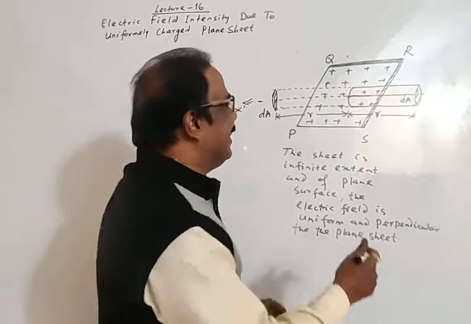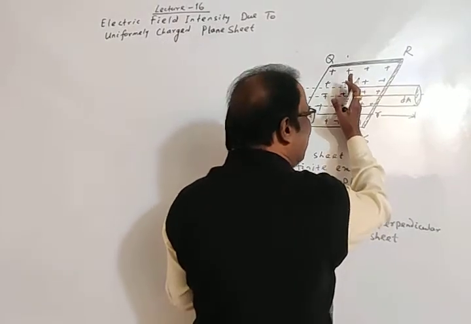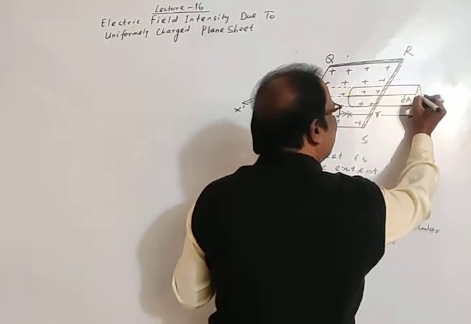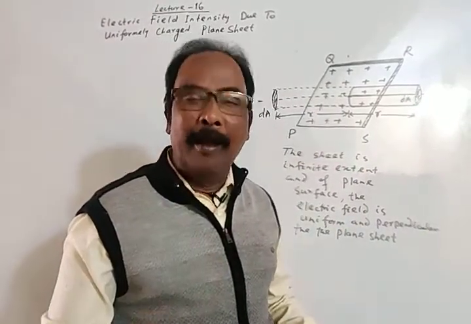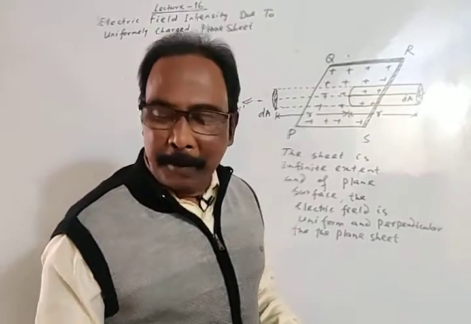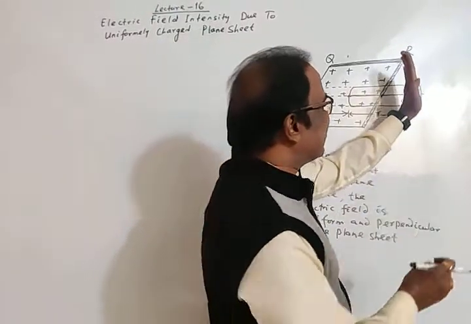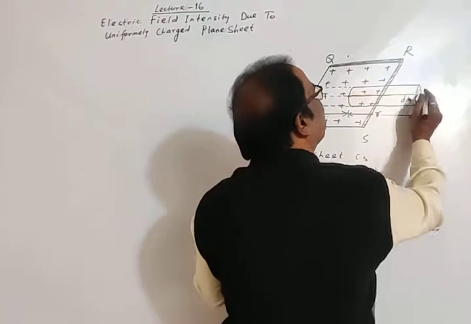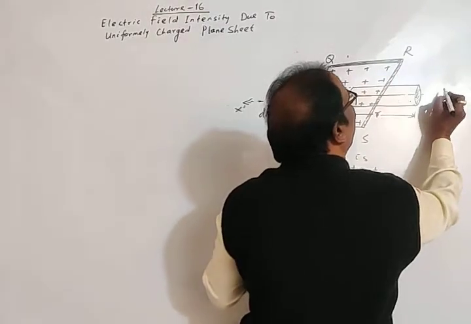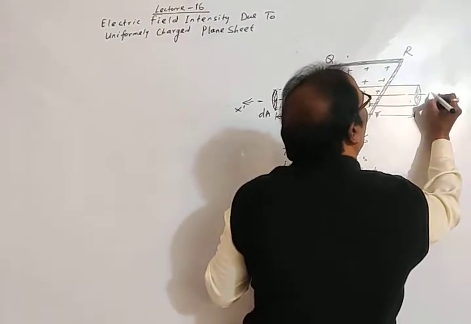If this is positively charged and this is the elemental area, as we know, the direction of area is perpendicular to the surface. See students, this is the surface area dA, the elemental area, so the direction of this elemental area will be in the outward direction.